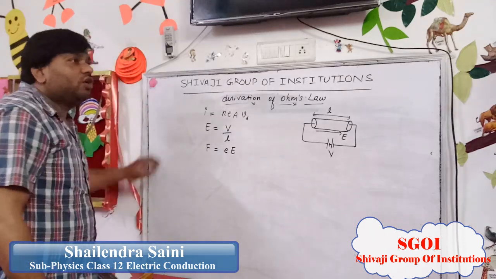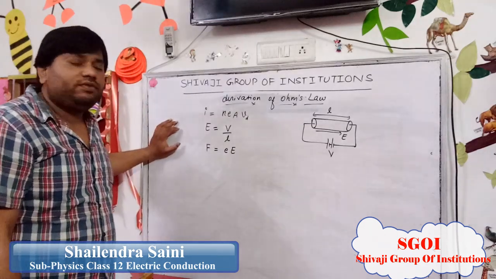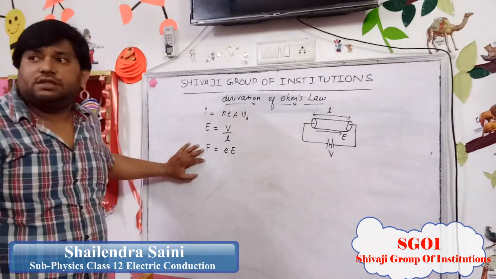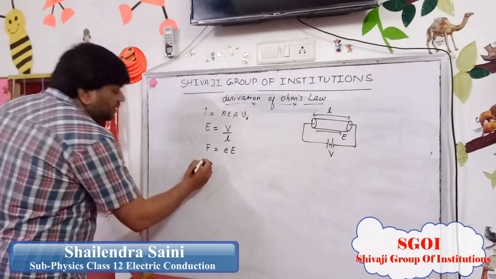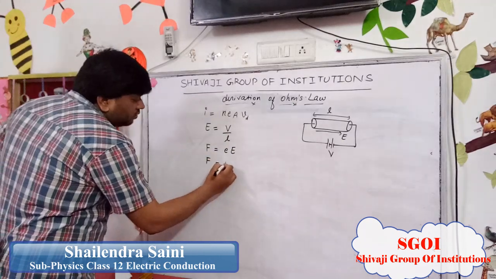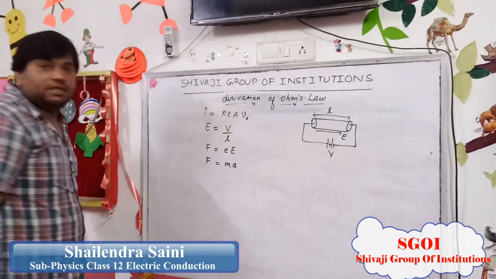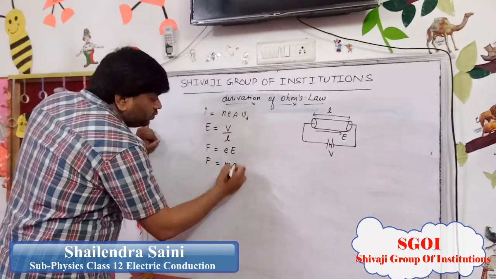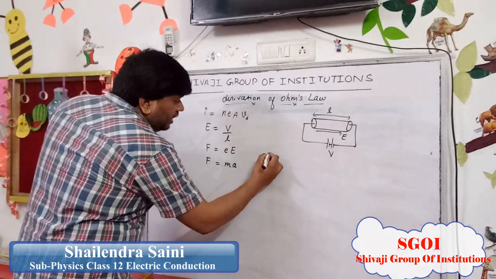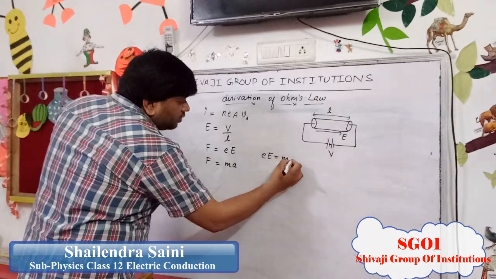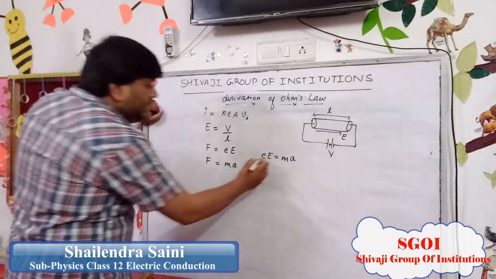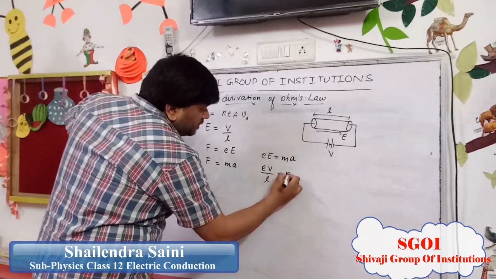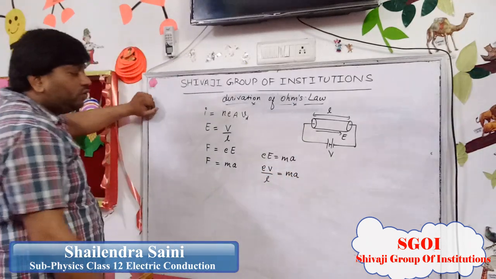Secondly, according to Newton's second law, if there is a net force, then there would be an acceleration. So we can say F equal to ma. From these two equations we can write eE equal to ma. And the value of E we put as V by L, so eV upon L equal to ma.